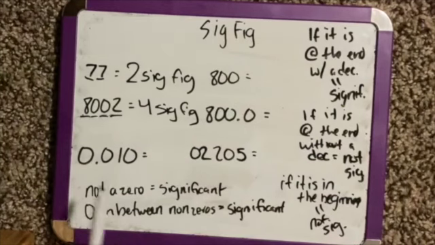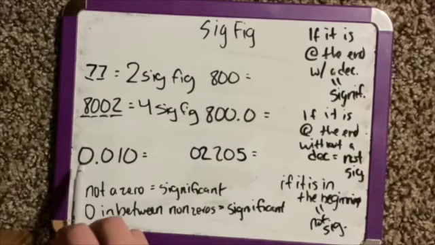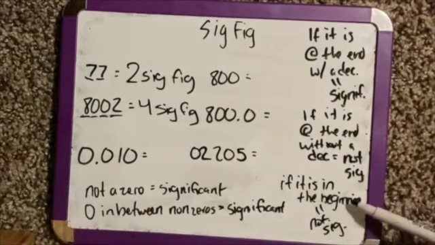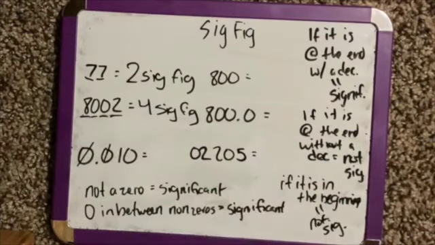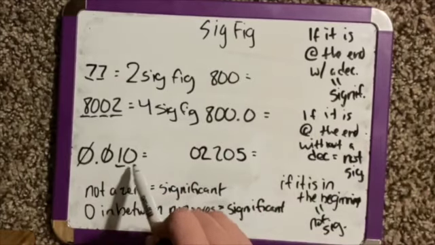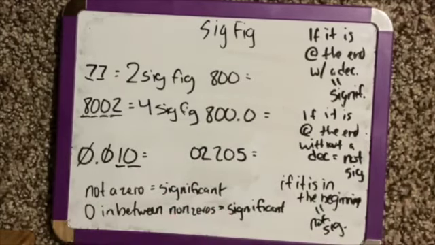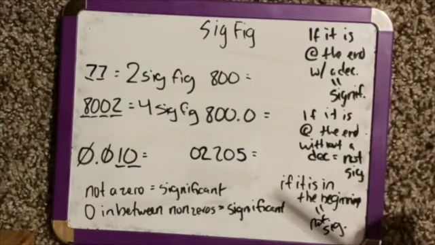Okay, this one, you have 0.010. These two zeros are at the beginning. So over here, if it is in the beginning, it's not significant. So those are not sig figs. This one is because it's not a 0. Now here we have a 0 at the end, but there's a decimal. So if it's at the end and there's a decimal, it is significant.